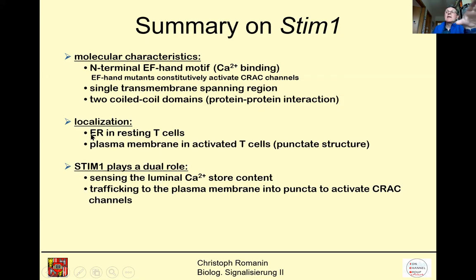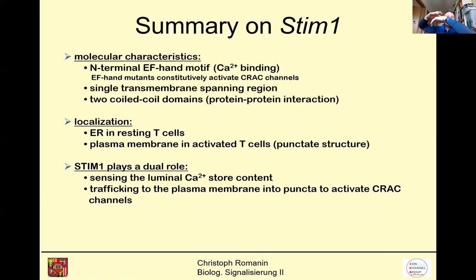It localizes in the ER, but it could also go to the plasma membrane. At that time, people believed that these punctae were in the plasma membrane. But finally, it turned out these punctae are formed in the ER, in these ER plasma membrane junctions, so they are very close to the plasma membrane.